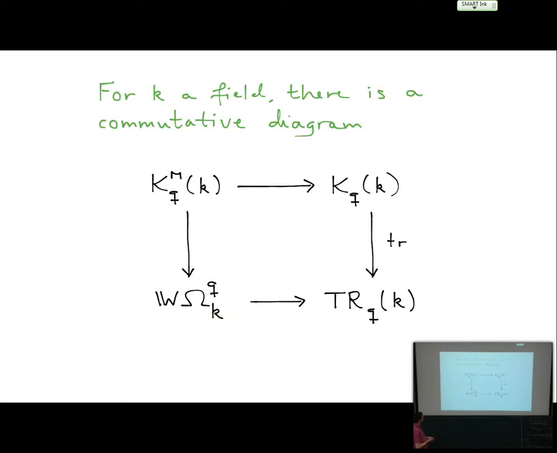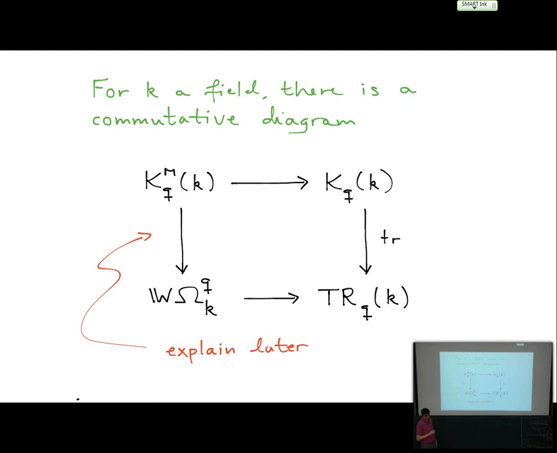And if K is a field, then there's a commutative diagram like this. So here on the right, I have written the cyclotomic trace map from K-theory to TR. And the horizontal maps are these unique maps from the universal example of the respective algebraic structures. And I will explain later what this map on the left-hand side does.